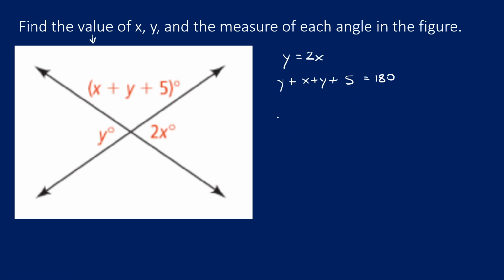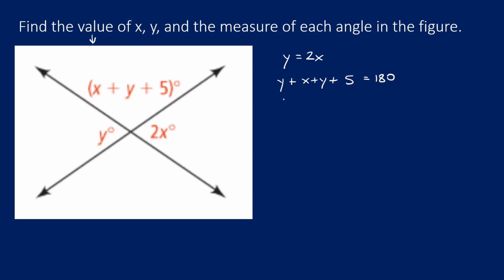I'm going to use these two equations. You could have also done x plus y plus 5 plus 2x equals 180, right? That just would have been using the angles on this side. You'll get the same result. It doesn't matter. Okay, but you only need two equations. Right, so if you did use that, just see if you get the same answer as me at the end.